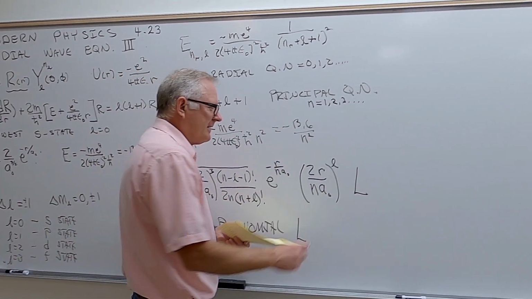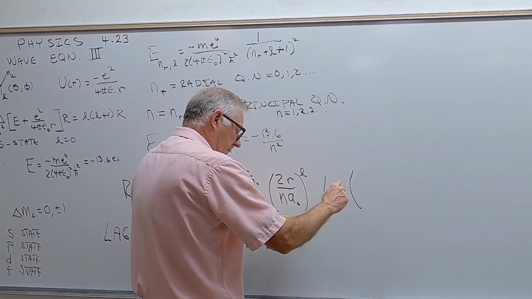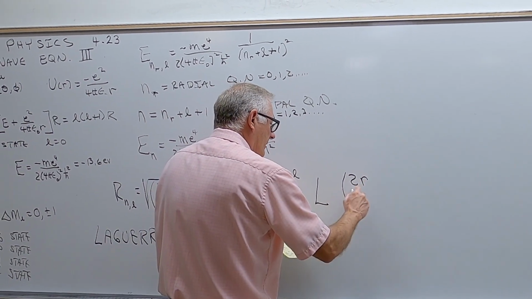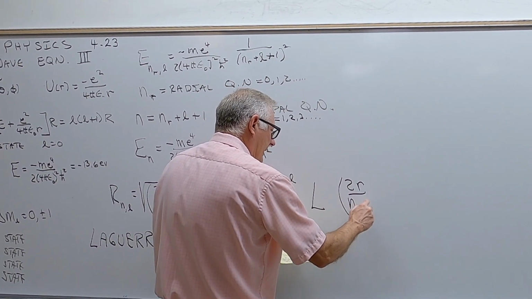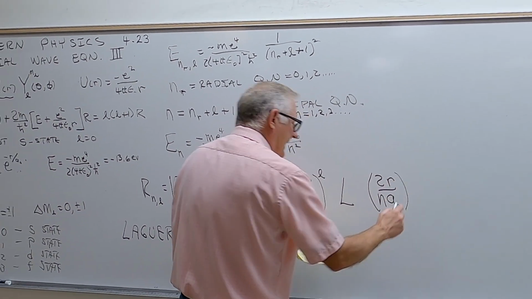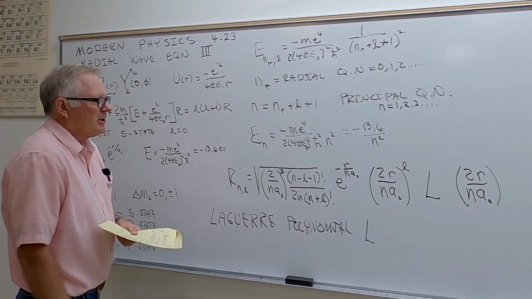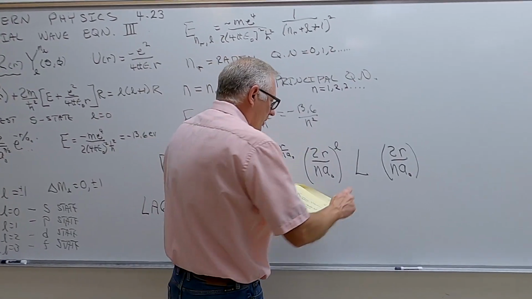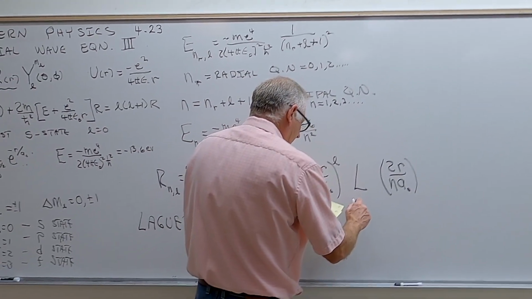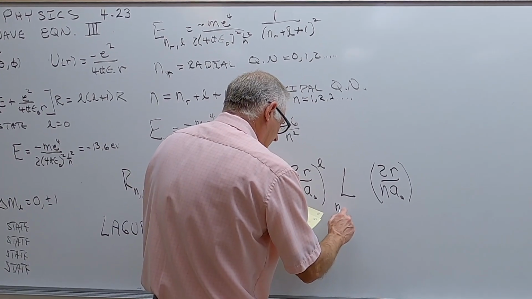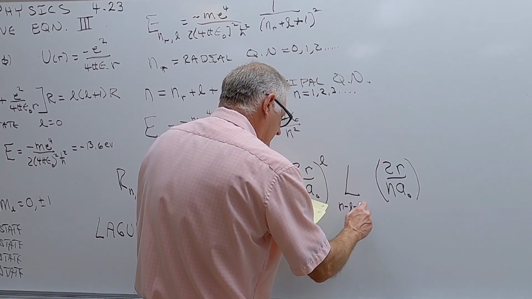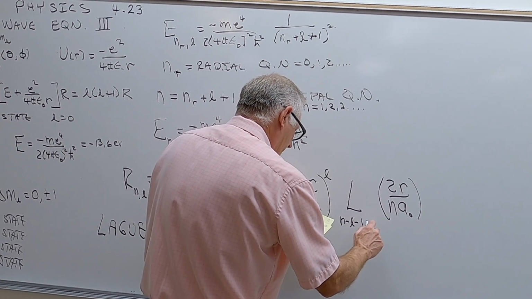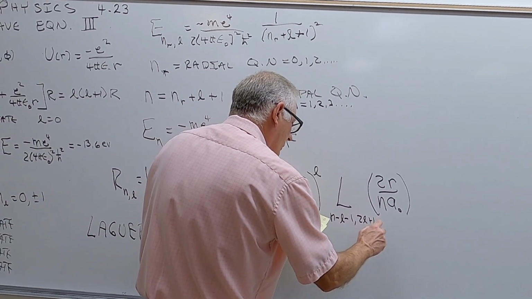In place of x in that polynomial, we put 2r over n a naught. That's where you put it, every place you see an x in that polynomial. And those Laguerre polynomials depend on two numbers. One is n minus l minus 1, and the second number is 2l plus 1.